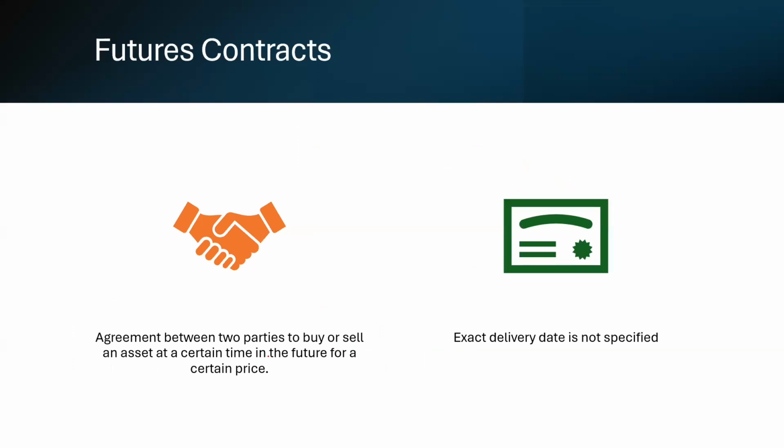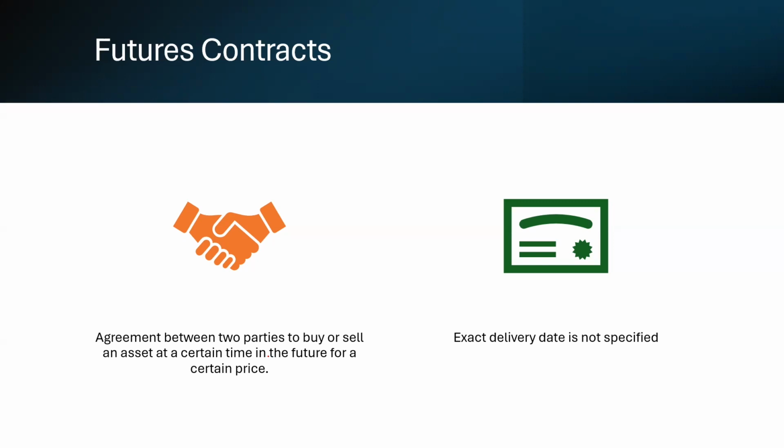Now let's look at the futures contracts. A futures contract is also similar to a forward contract. It's an agreement between two parties to buy or sell an asset at a certain time in the future for a certain price. The definition is very similar to the forward contract.